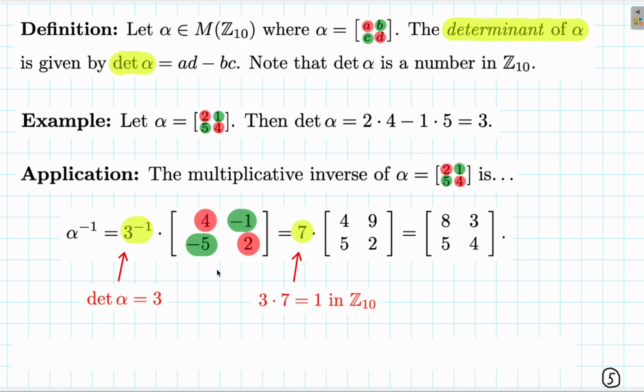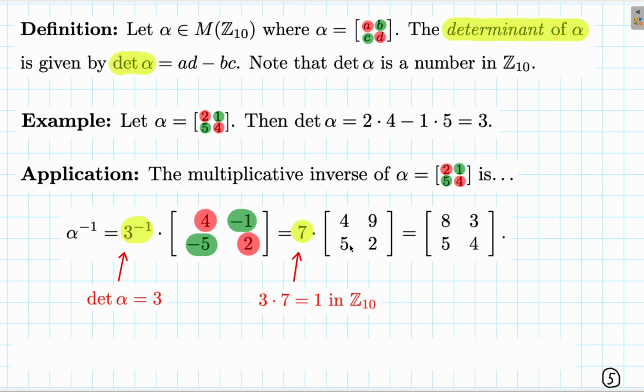Now let's take this a little further. What is 3 inverse in Z10? Well, 3 inverse in Z10 is 7, because 3 times 7 is equal to 1 in Z10, which means 7 is the multiplicative inverse of 3. And then for 2, let's keep them as they are. -1, -5 in Z10 becomes 9 and 5.